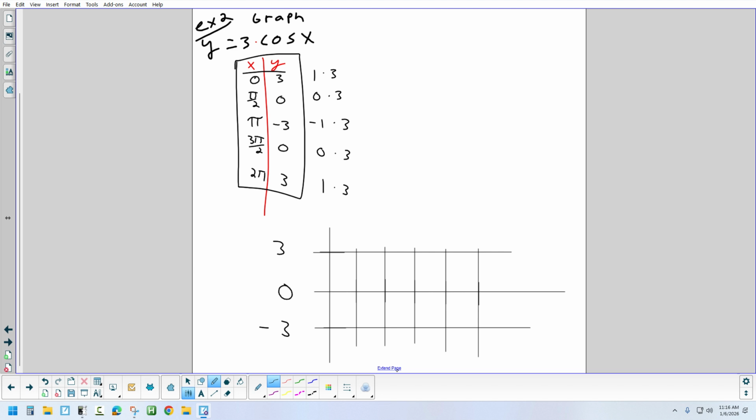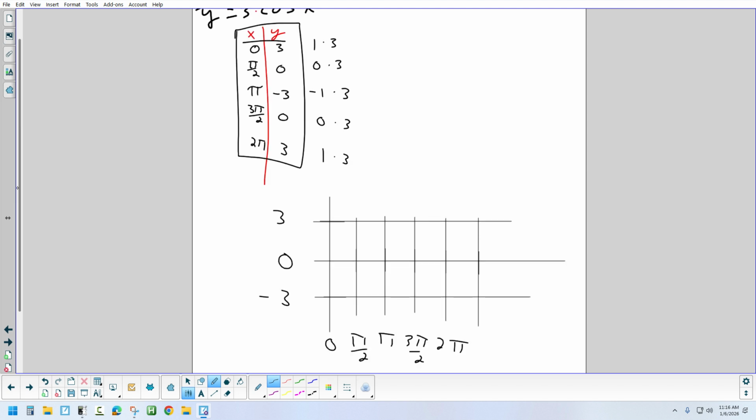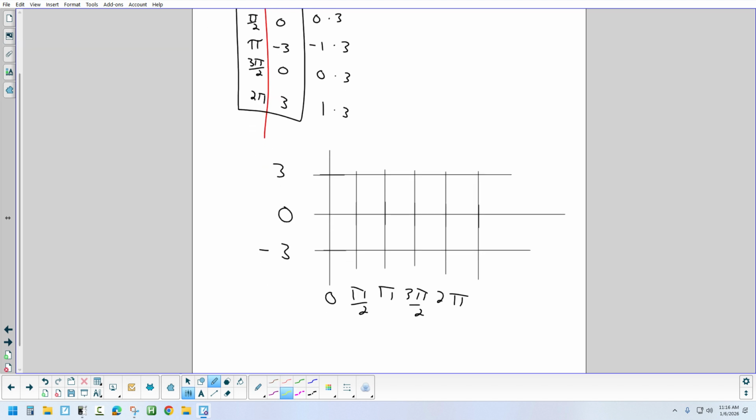X's, we can just write those down. And now we'll plot our points. 3, 0, negative 3, 0, 3. And remember, that's part of a wave, so try to make it look like it's a wave.